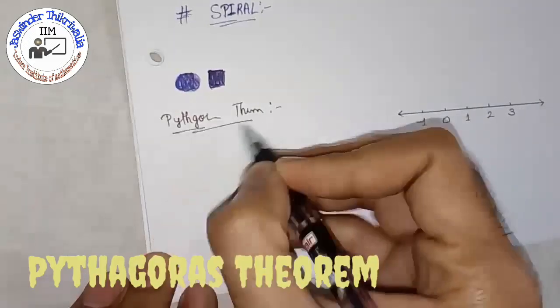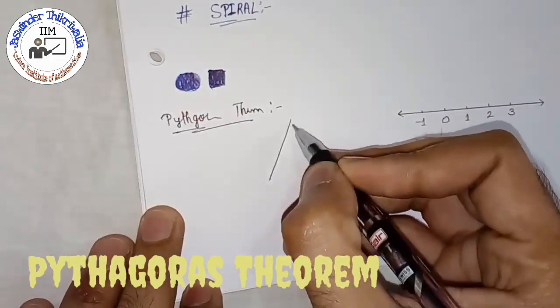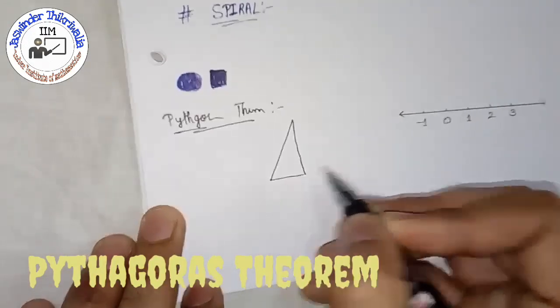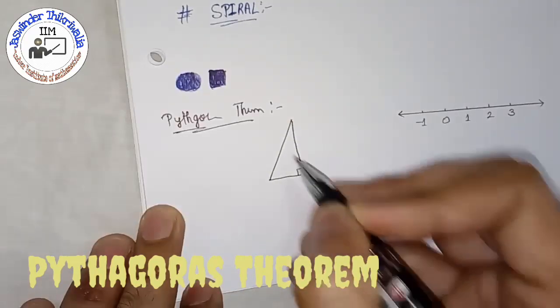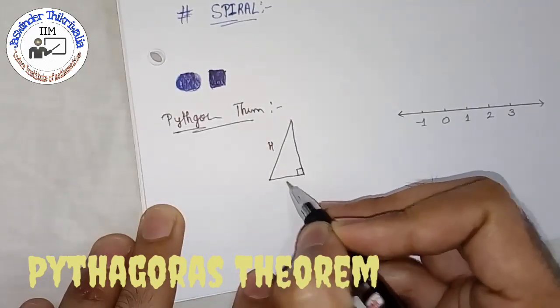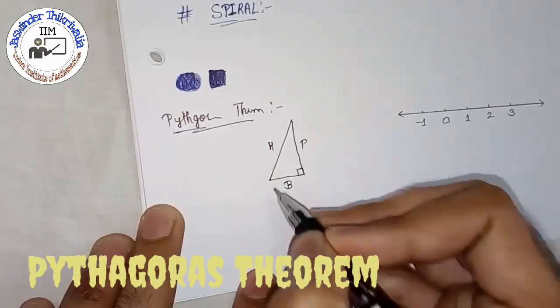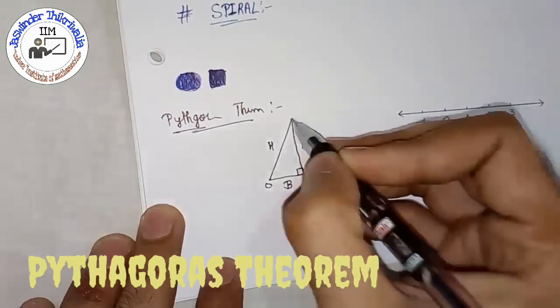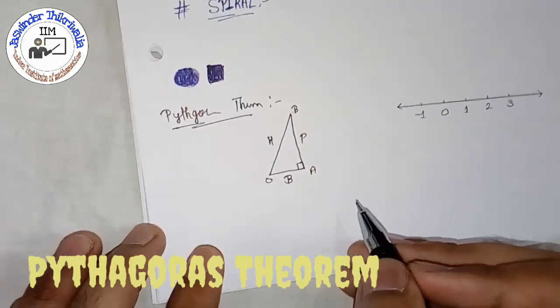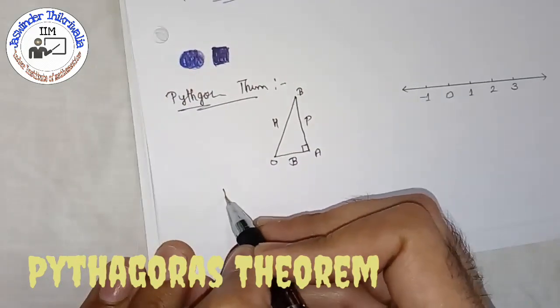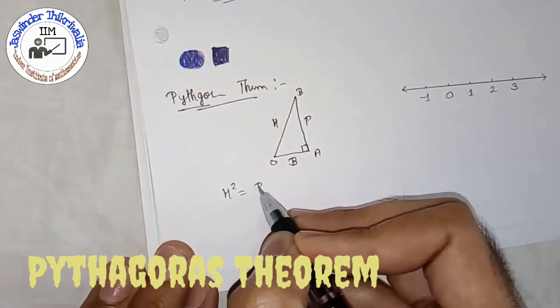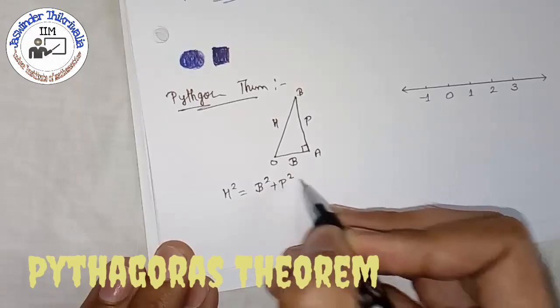What was that? If we have any right angled triangle, in that triangle there are three parts: hypotenuse, base and perpendicular. According to this theorem, hypotenuse square is equal to base square plus perpendicular square.